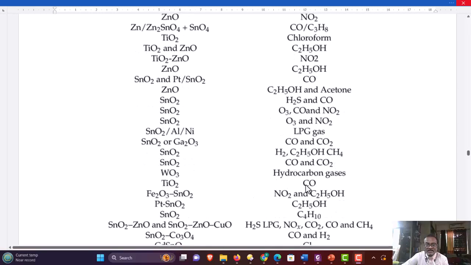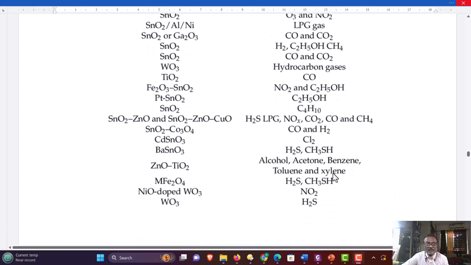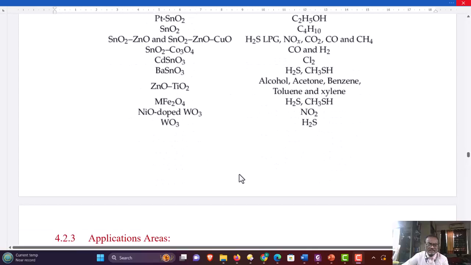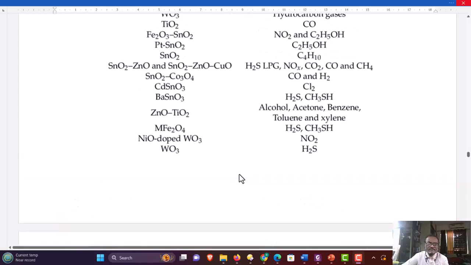Titanium oxide is sensitive to carbon monoxide and so on. So this list is quite long and various materials are used for detection of different types of gases.